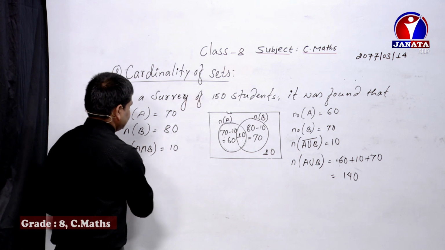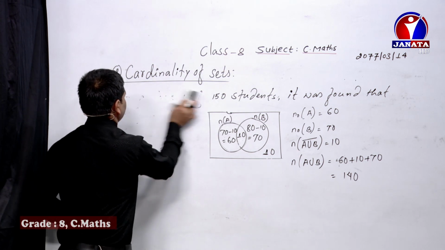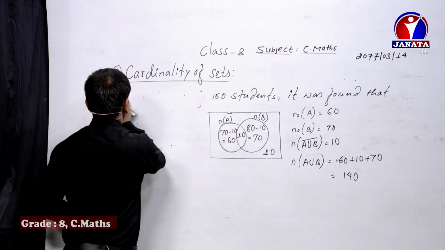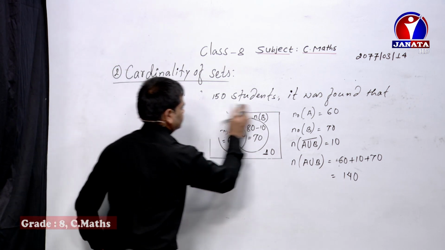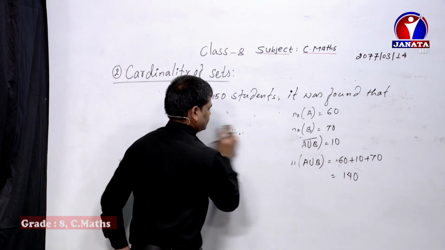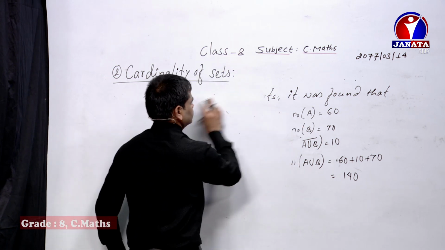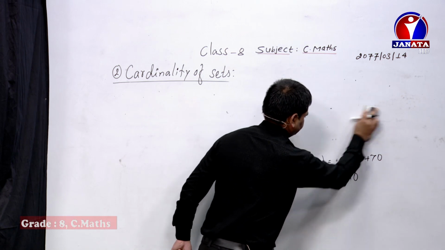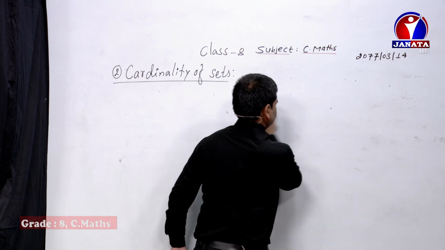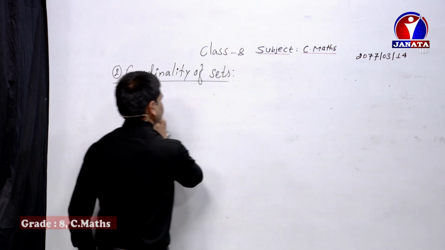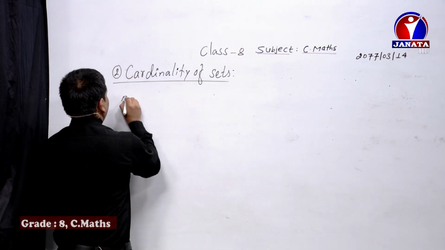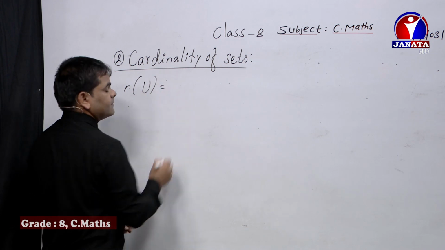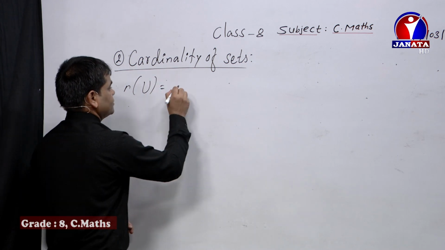Now dear students, let's take another example. The number of elements in the universal set, let's keep as 200.